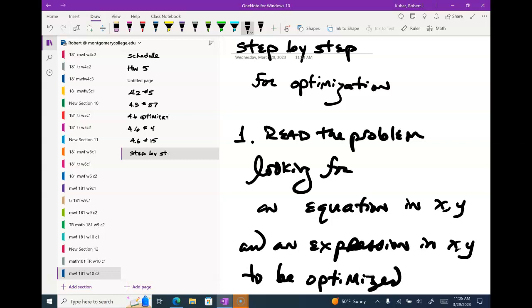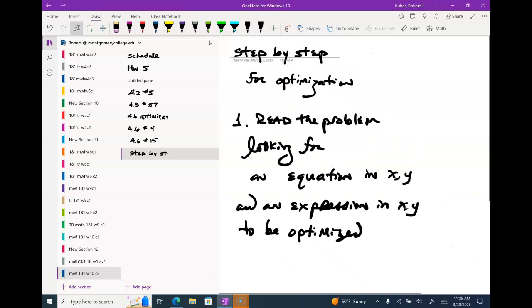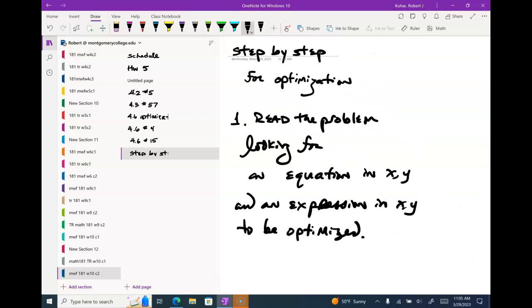Maybe they'll ask for a min, maybe they'll ask for a max. In my other class, I have a student named Min and I have a student named Max. So I kept saying, maybe you have to find a min or a max, and they kept going, what?